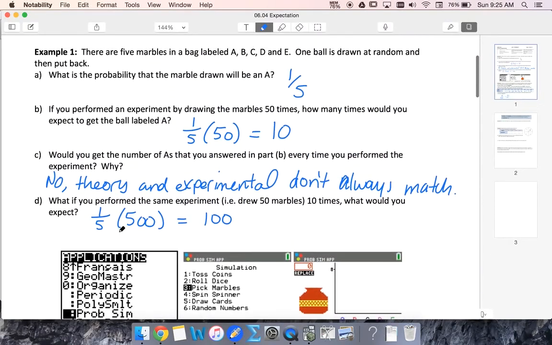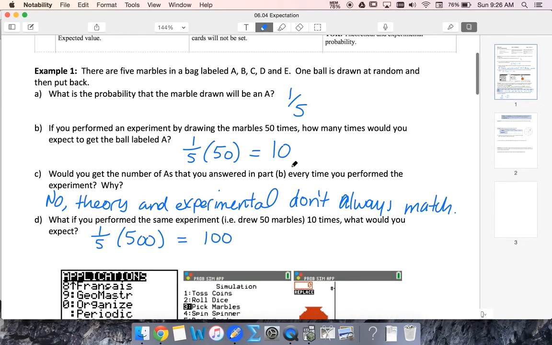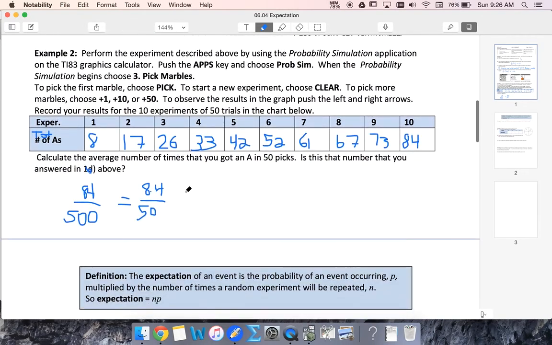So we come up to 1B, we said that we imagined we would get 10 out of every 50 picks. And we got 8.4 out of 50 picks. So it's not the same, but again, it's not the same because of our experimental probability versus our theoretical probability.